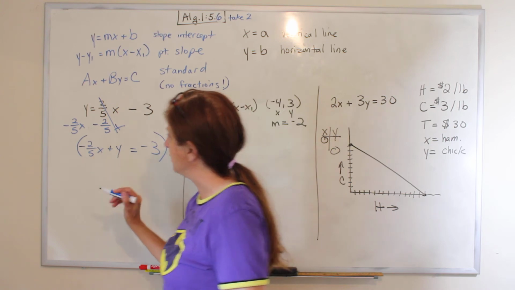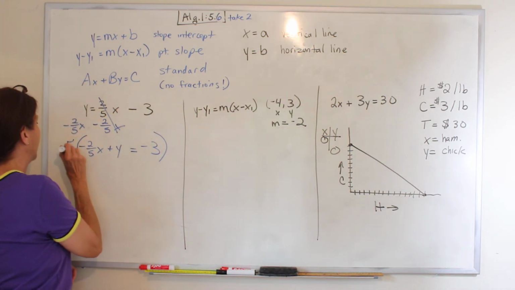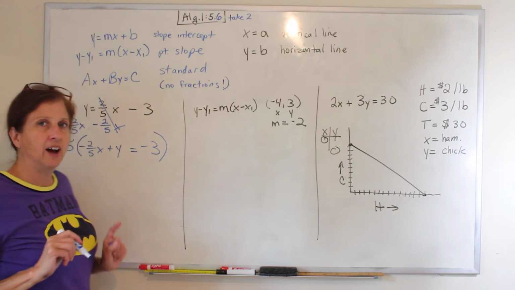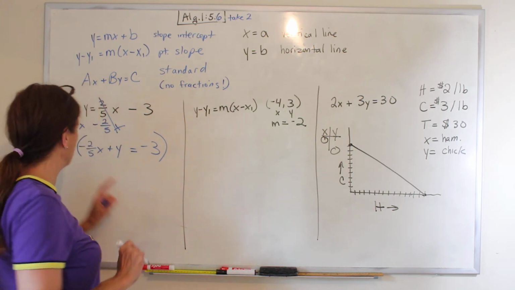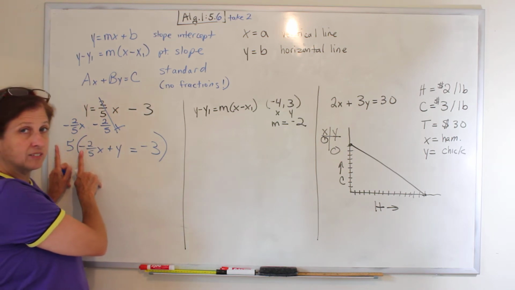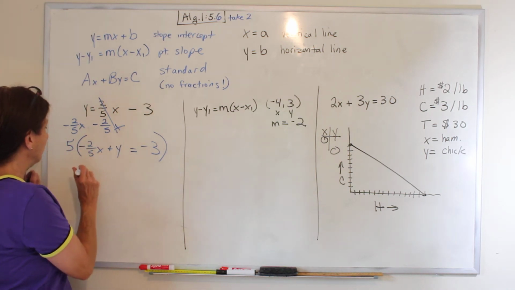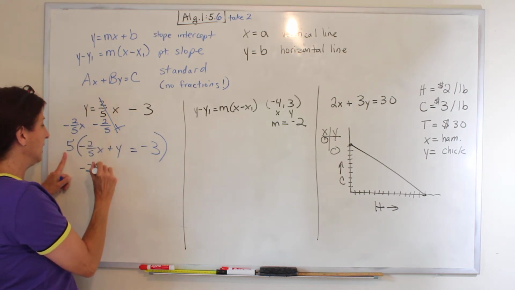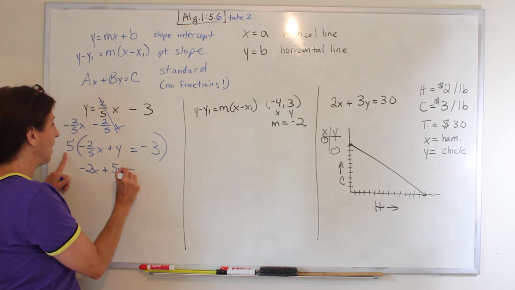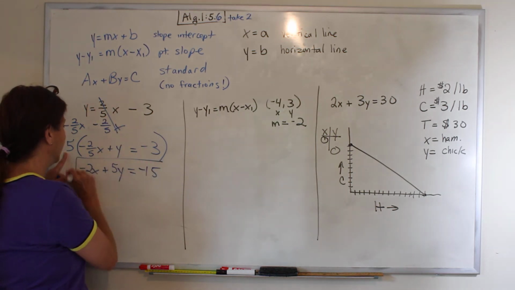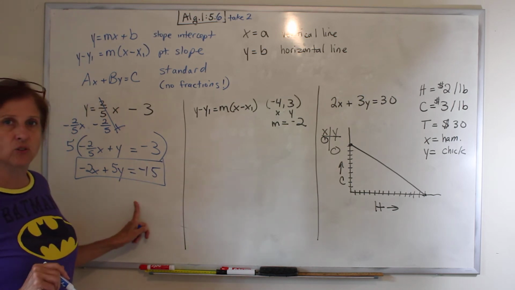And what I want to do is multiply everybody by 5 so that those will cancel out and I won't have a fraction anymore. So 5 times negative 2/5, the 5's cancel out and I'm left with negative 2x. 5 times y is 5y. And 5 times negative 3 is negative 15. That is in standard form.